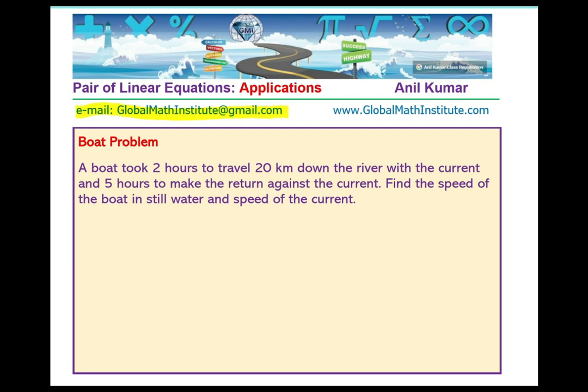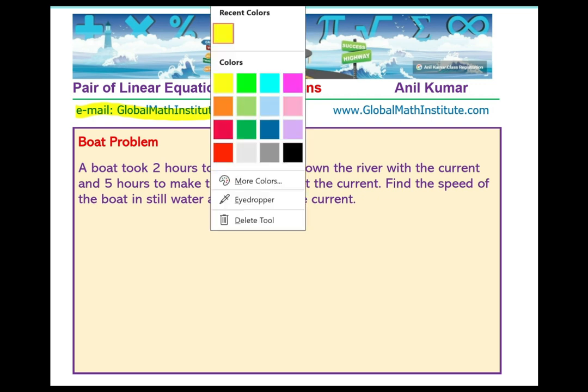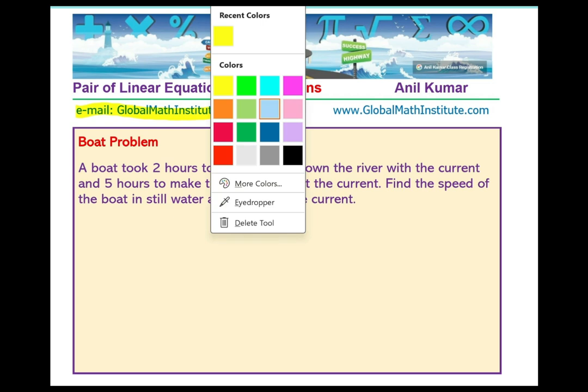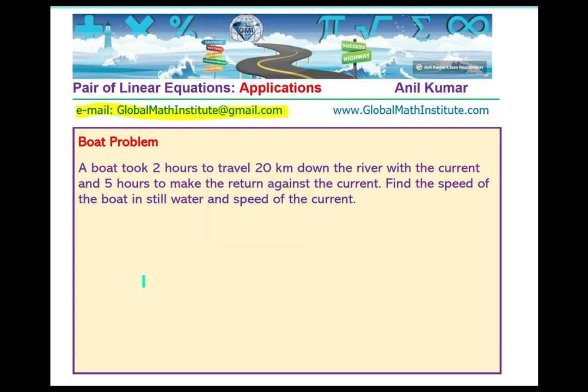Now, in this question, let's see how we solve such questions. So let's assume that this is the stream, right, which is going downwards. Now, in this particular case, we are given that the boat which is going downwards took 2 hours to travel 20 kilometers.